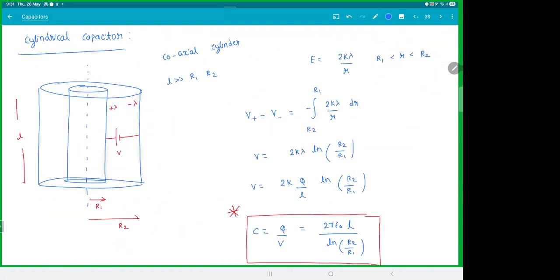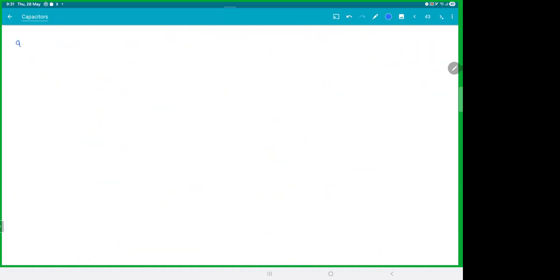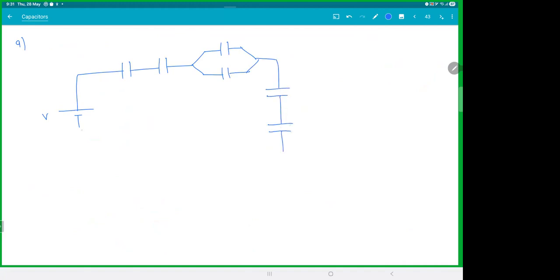Great. So you got series and parallel. Let's do one question on this. Let's say we got a battery, V, capacitor, capacitor, capacitor, capacitor, capacitor, capacitor.